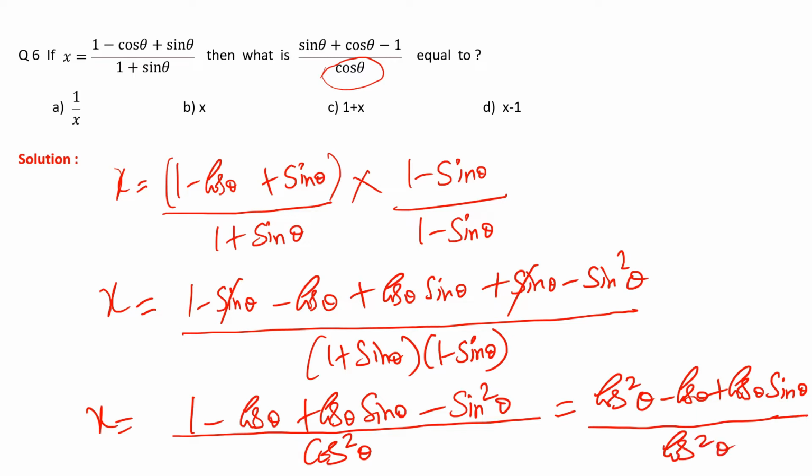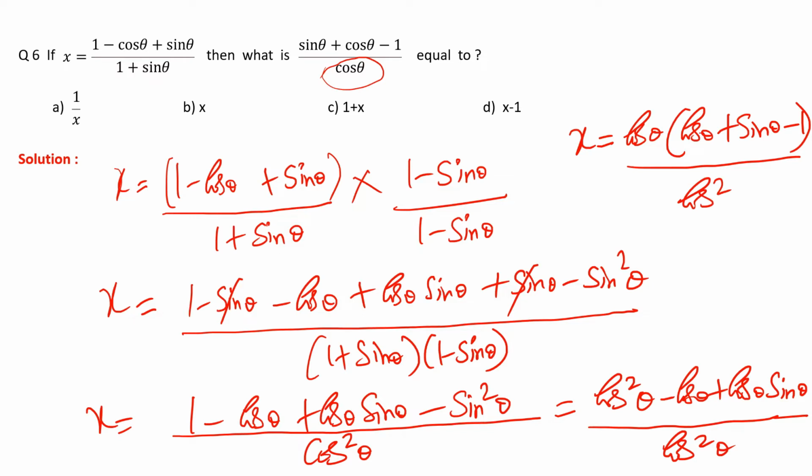So it's clearly visible that x will now become cos theta common from numerator, and in the bracket we'll be getting cos theta plus sin theta minus 1, and in the denominator we have already cos square theta. So cos theta up and down will cancel, and finally we get cos theta plus sin theta minus 1 whole divided upon cos theta equal to x.